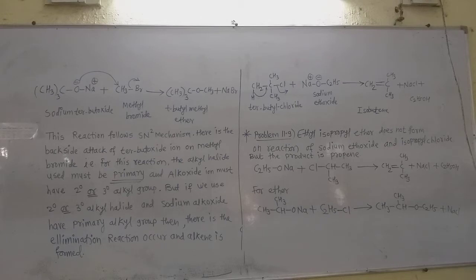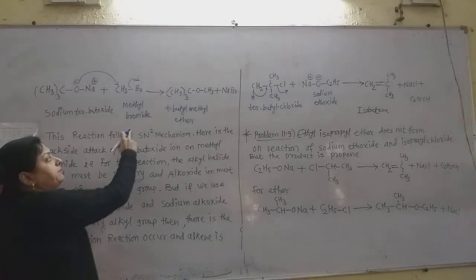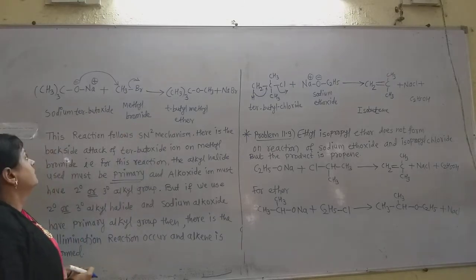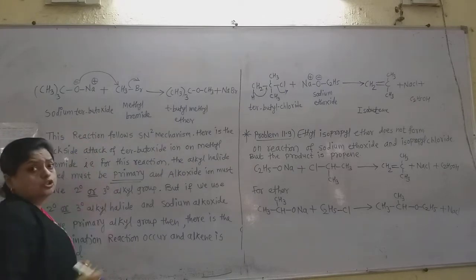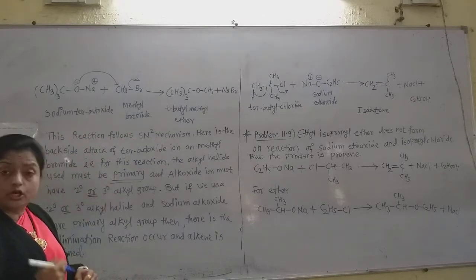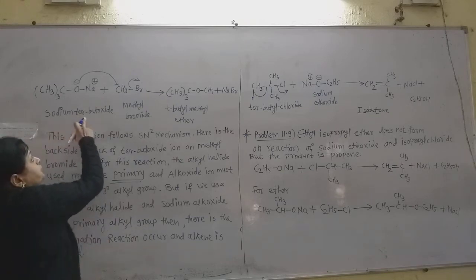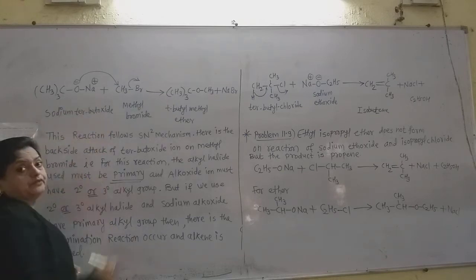Now see what happens if we use a primary alkyl halide and the sodium salt, that is, the sodium alkoxide of a tertiary alkyl group, such as sodium tertiary butoxide, which I use here.